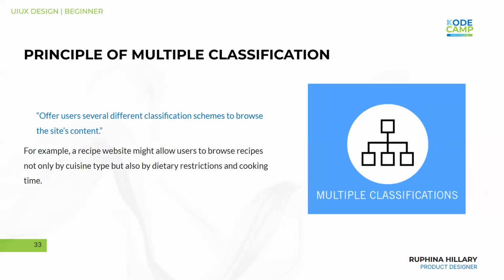Then the next principle is the principle of multiple classification. I talked about this last week when we talked about flowers. You have an e-commerce platform and you do not know where to classify flowers. You could have a category called plants and a category called ornamentals.